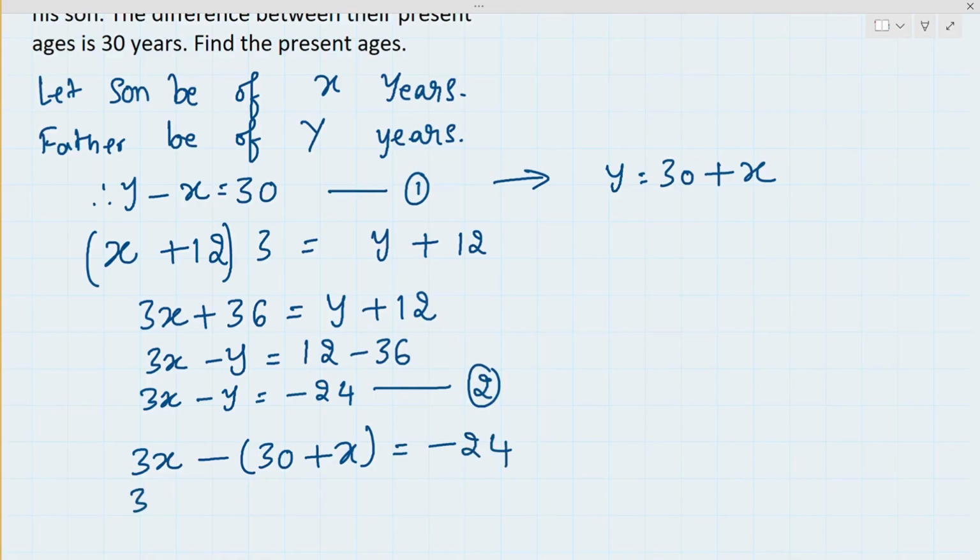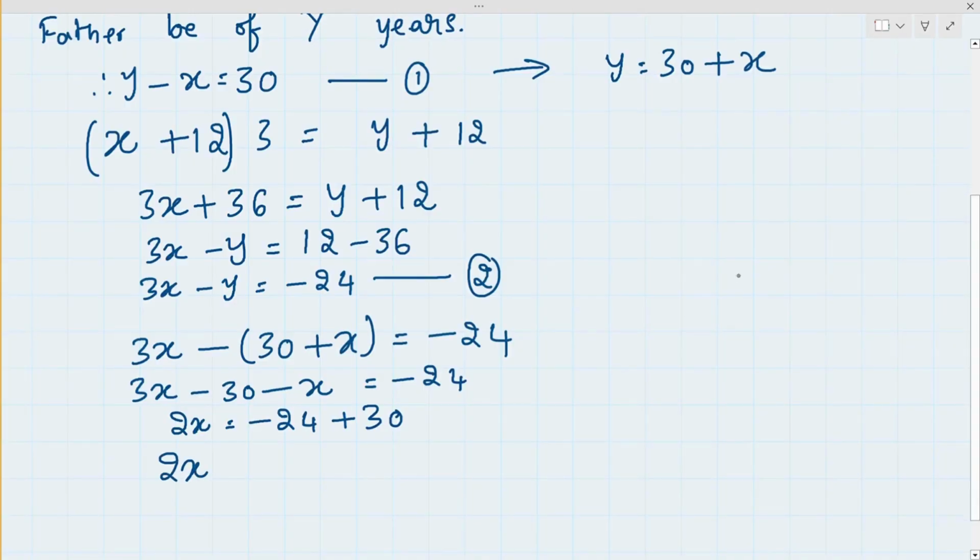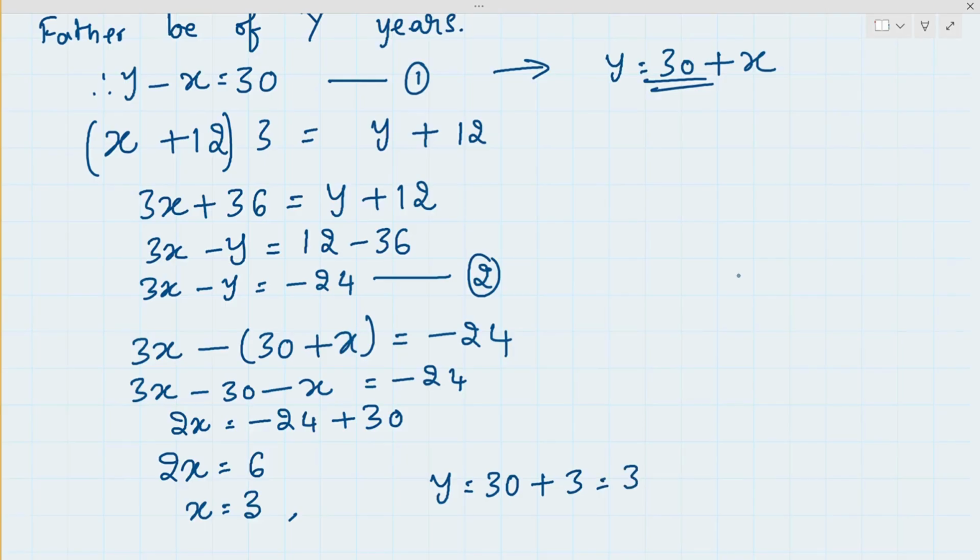Opening the bracket, 3x minus 30 minus x is minus 24. 2x is minus 24 plus 30, which makes it 2x is 6, hence x is 6 by 2, which is 3, and y is 30 plus x, taking the y equation part, 30 plus 3, that's 33.